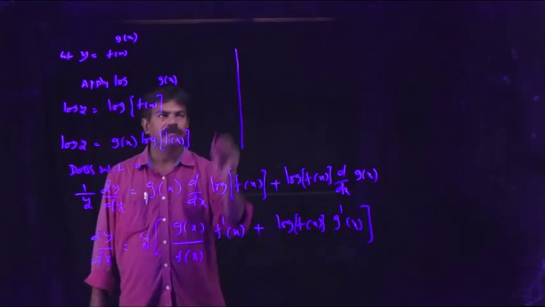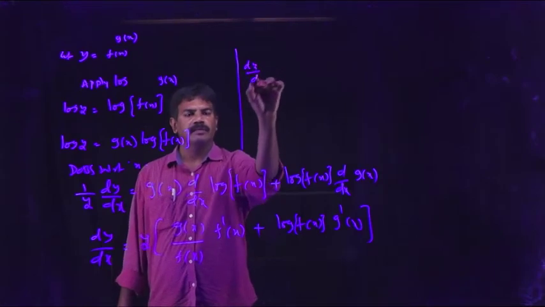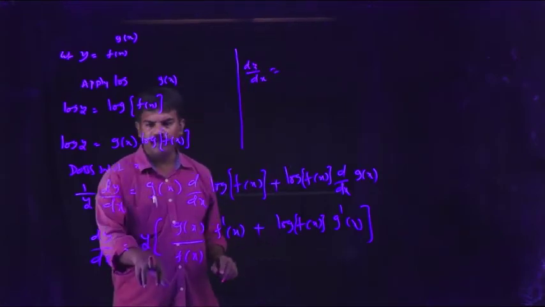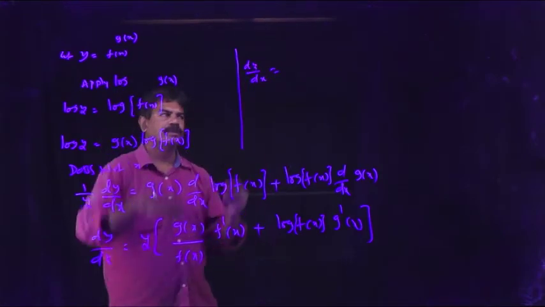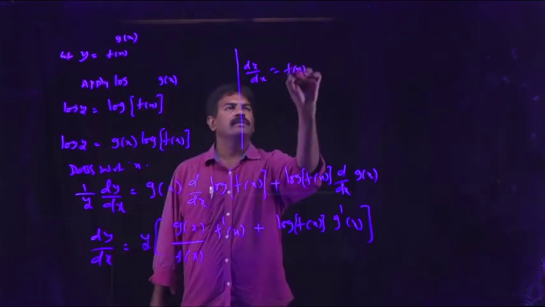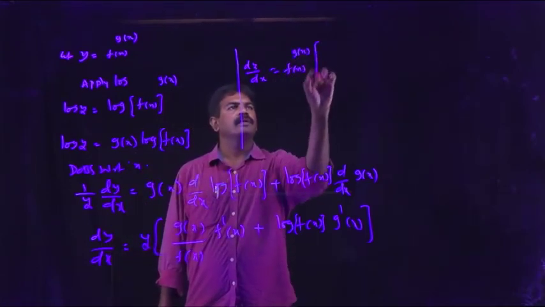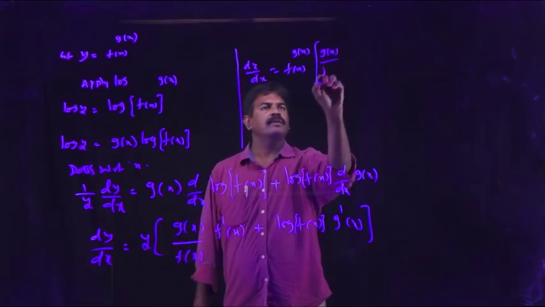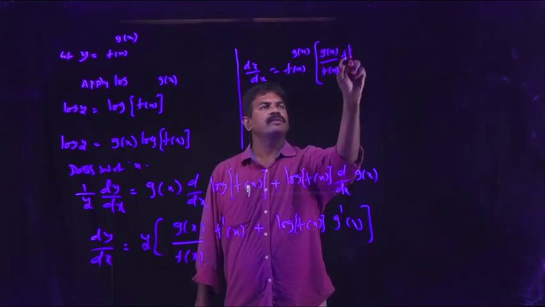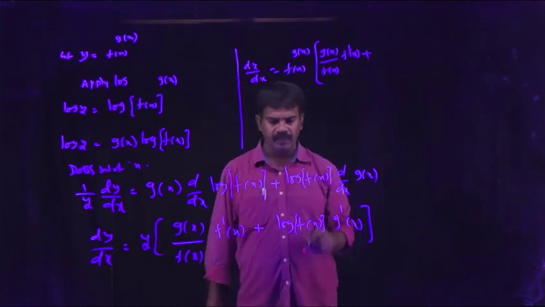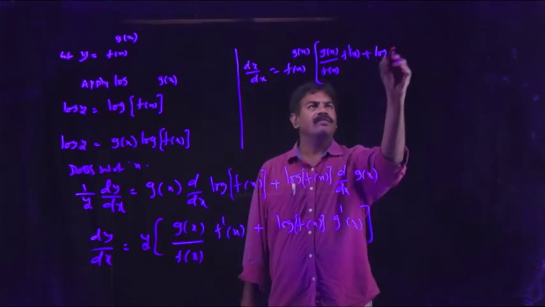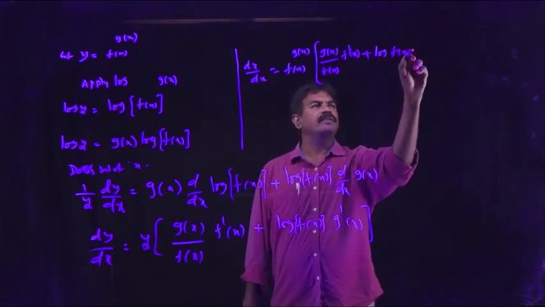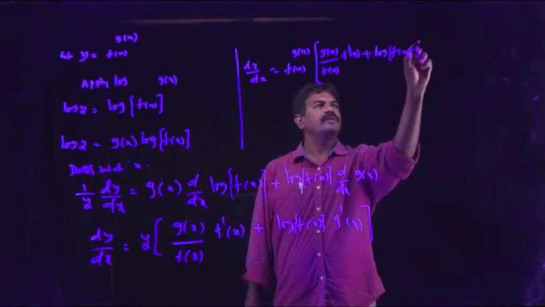So dy by dx is equal to, we know the value of y, that is f of x power g of x, into g of x by f of x into f dash x plus log of f of x into g dash x.